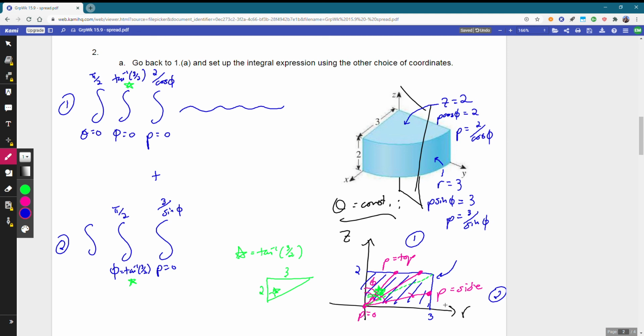And then what thetas are we doing this for? The same as before, right? 0 to pi over 2 for theta. And again, we'll have the same function translation and dV as we did before when we were using spherical coordinates.